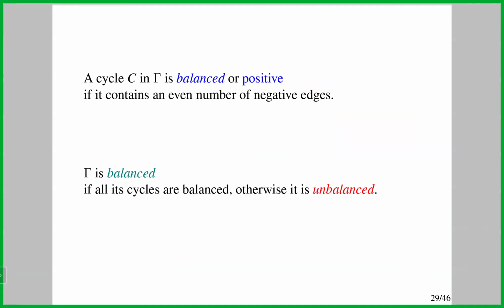Then we call the cycle a positive cycle or balanced cycle. The sign graph is balanced if all cycles in that graph are balanced, or positive. Otherwise, it's called unbalanced. It has a couple of other characterizations, which I'll mention later.